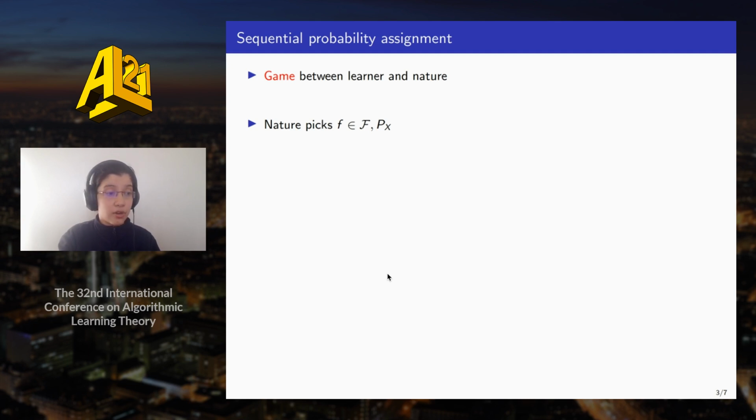Neither of these are known to the learner. Continuing the example of the 1D threshold class from the last slide, let's say nature chose this particular f and chose px to be uniform on 0, 1. We'll use this as a running example through this slide to illustrate the game.